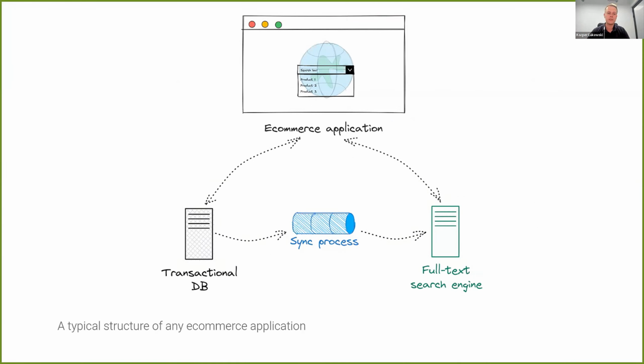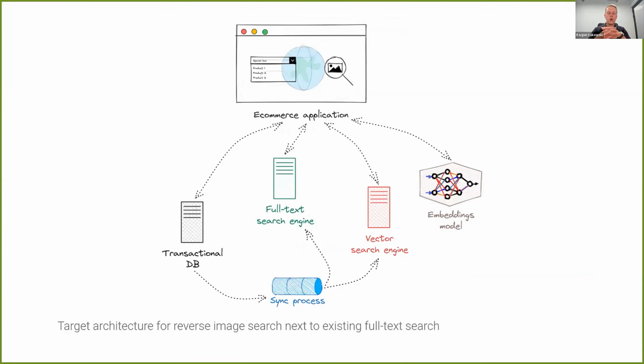Initially, in any e-commerce business, we would have this kind of infrastructure. But now, if we want to perform reverse image search, we also need two additional tools. The first one is our embedding model. So this is a neural network capable of encoding our data into vector representations, but there also needs to be another system, a vector search engine, that will be performing this nearest neighbor search efficiently.